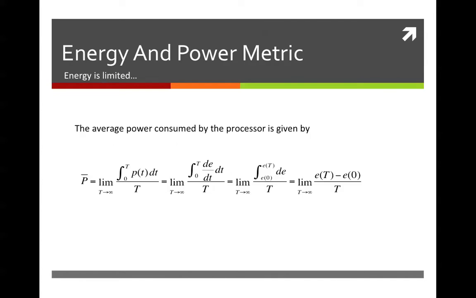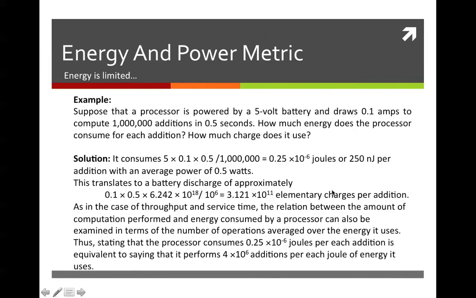We can also compute the average power consumed by the processor simply by computing the total energy consumed divided by T, that is, the energy consumed between time 0 and time t divided by t as t tends to infinity.